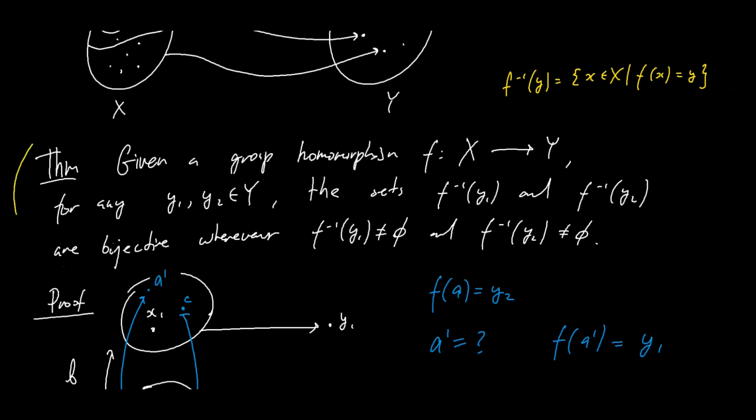So as an application of this theorem, you get that each of these inverse images is bijective to the inverse image of specifically one y, namely when y is equal to 1, the identity element of y. So the inverse image of the identity element controls, in some sense, all other inverse images of all other elements. That's one of the fascinating things about group homomorphisms.